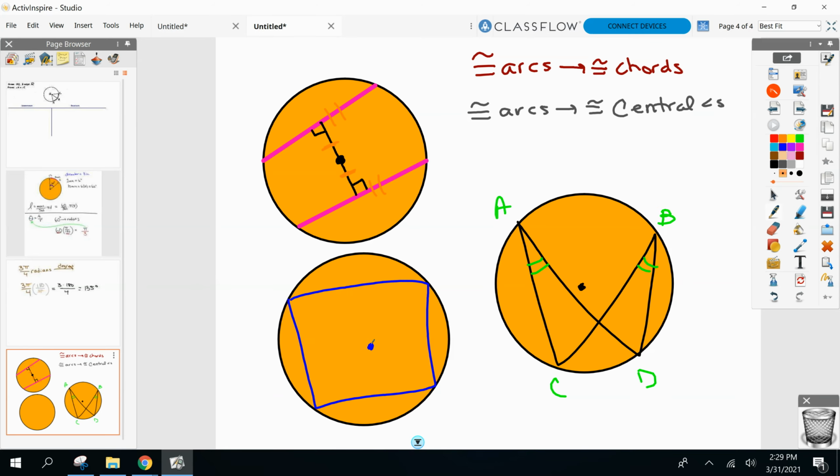Their opposite angles are supplementary? Opposite angles are supplementary. Yes. A lot of theorems here, a lot of facts that you may need. I know, but that's why this unit's as tough as it is.